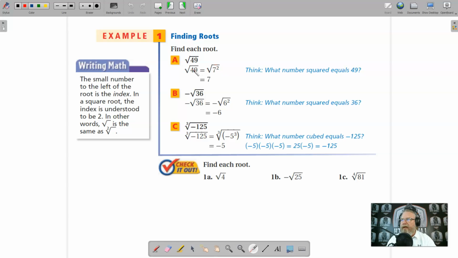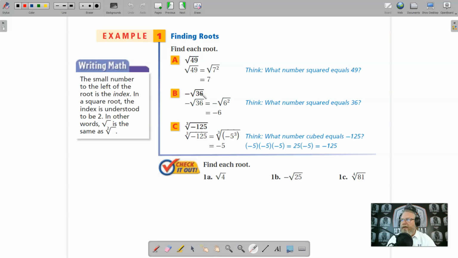So we've just rewritten root 49 as root 7 squared. And anytime that we have something being squared underneath a radical symbol or a square root sign, then we're just going to get the base of that number, and that's equal to 7. So the square root of 49 is equal to 7. Therefore, it is indeed a perfect square.